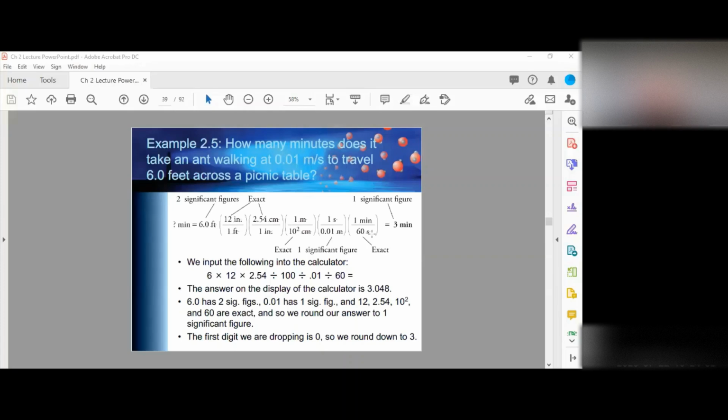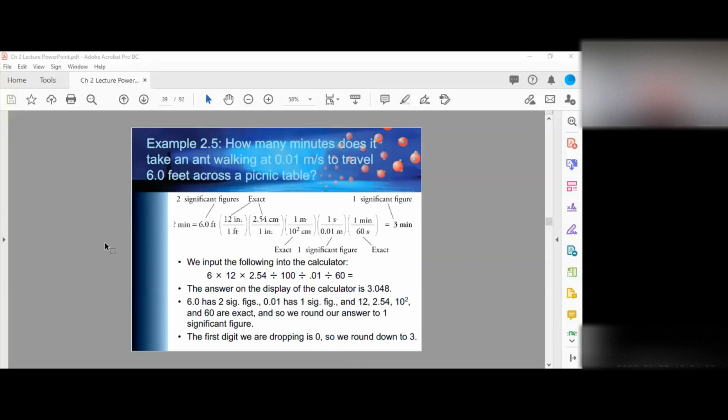I am multiplying A by B by C. A is 2 sig fig, B 3 sig fig, C 4 sig fig. My final answer has to be 2 sig fig, because when you multiply or divide, the final answer should always be equal to the least number of sig figs of the ones that you are multiplying or dividing.